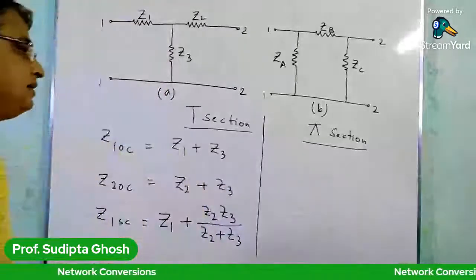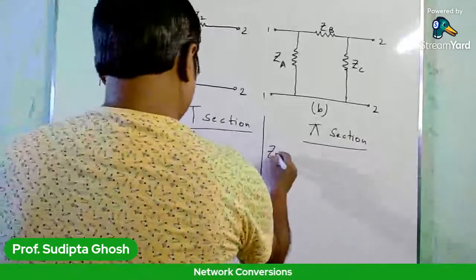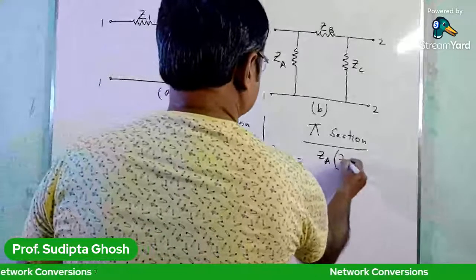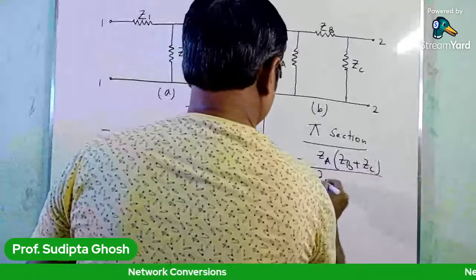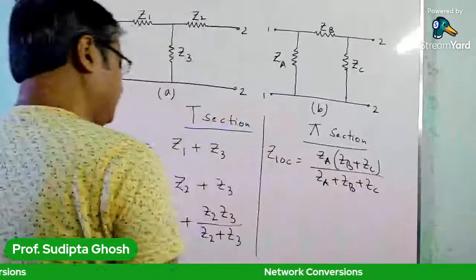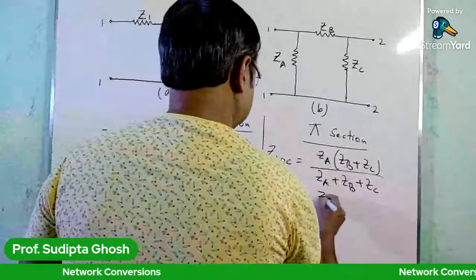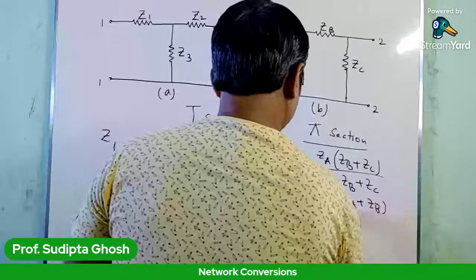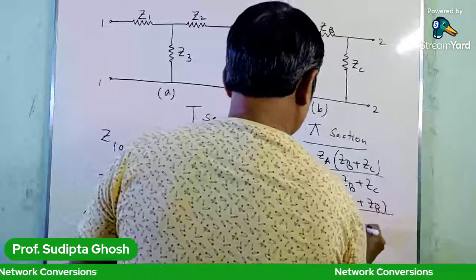Now I am going to write the same equations for a pi section. Z1 OC is ZA into ZB plus ZC whole divided by ZA plus ZB plus ZC. Then Z2 OC is ZC into ZA plus ZB whole divided by again ZA plus ZB plus ZC.